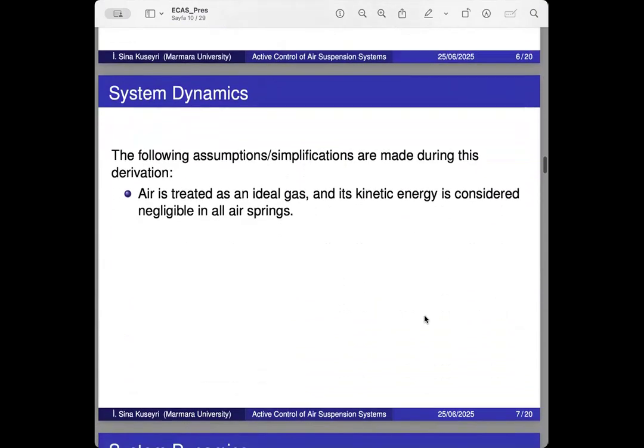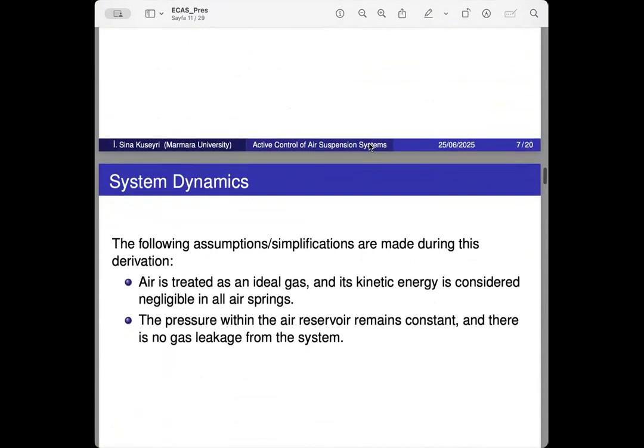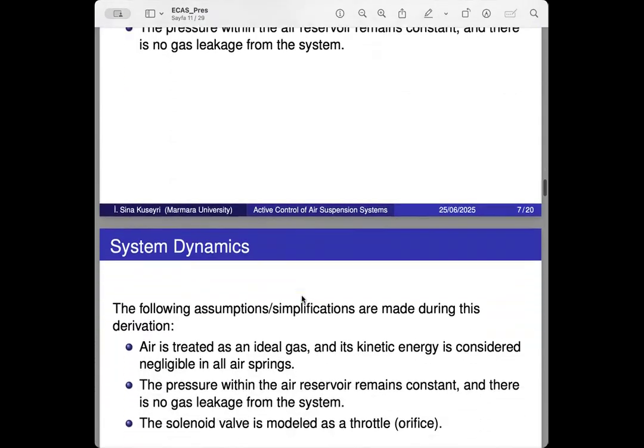In deriving the system dynamics, we have the following assumptions. We treat air as an ideal gas and its kinetic energy is considered negligible in all air springs. The pressure within the air reservoir remains constant during the operation and there is no gas leakage from the system.